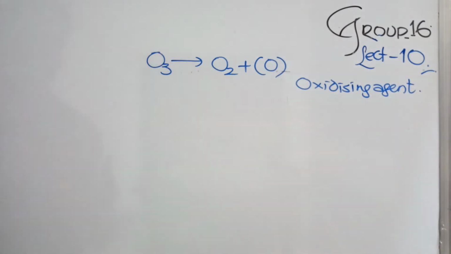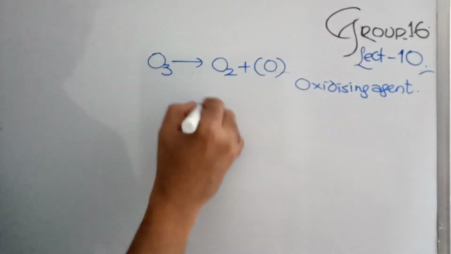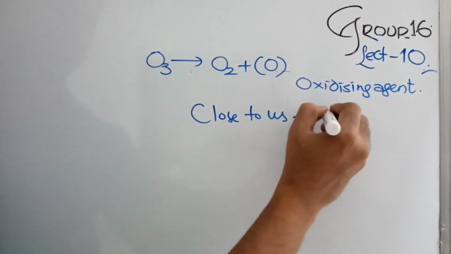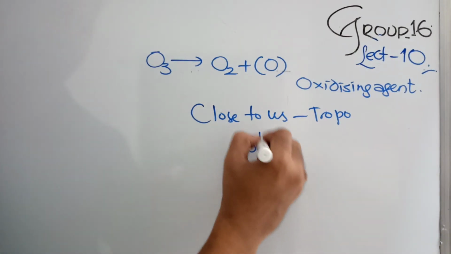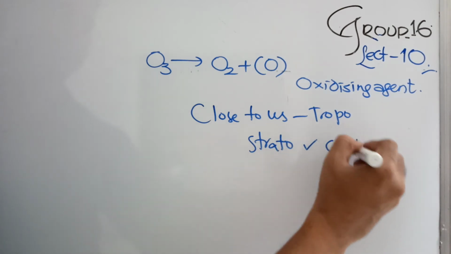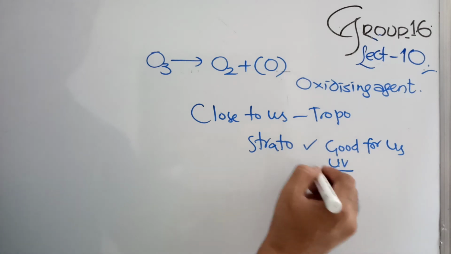About ozone, one very special property is there. When ozone is present close to us, that means troposphere. If ozone is a little bit away from us, that means stratosphere. Stratosphere is good for us because it stops the UV radiation coming from the sun.